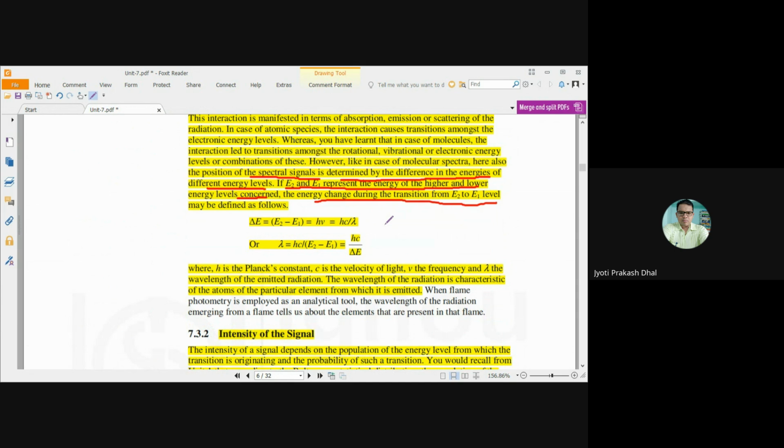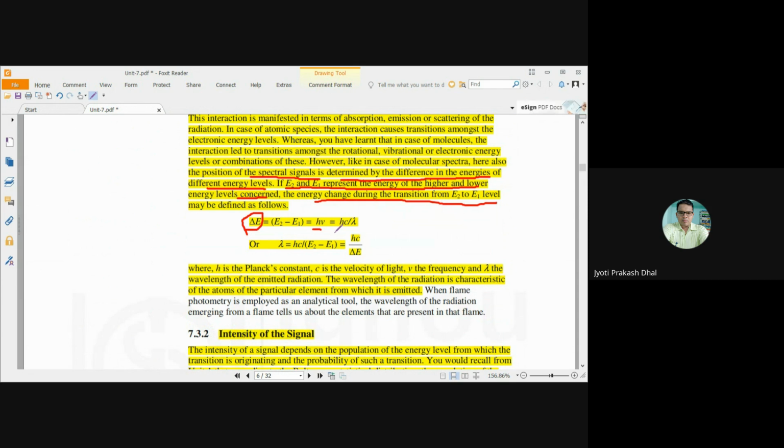And the energy change, if the atom undergoes emission, then the excited electron from the higher energy level E2 will come back to the lower energy level E1 by emitting electromagnetic radiation of a particular wavelength or frequency. And that particular wavelength or frequency can be calculated using the formula delta E equals E2 minus E1, which equals h nu, which equals hc by lambda.